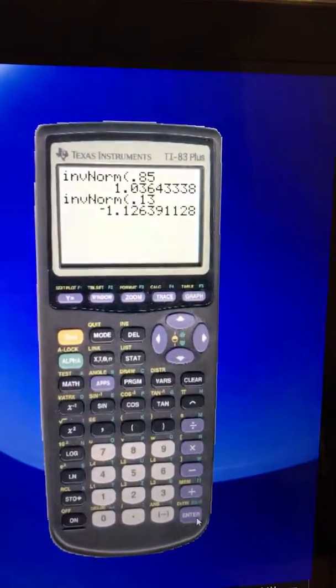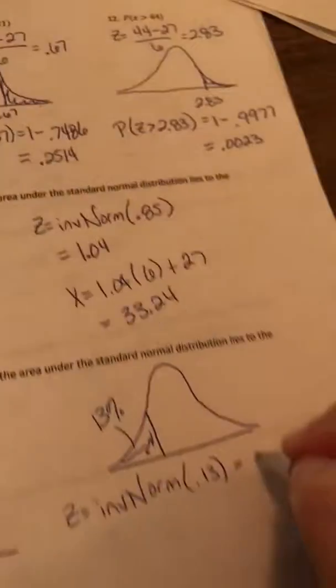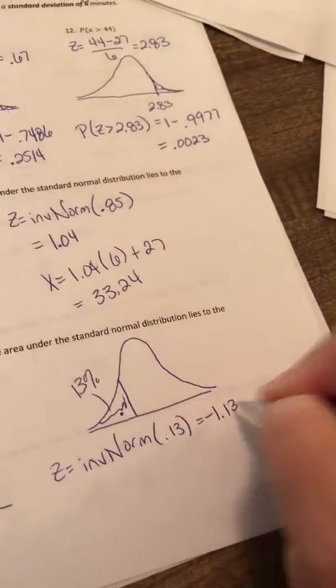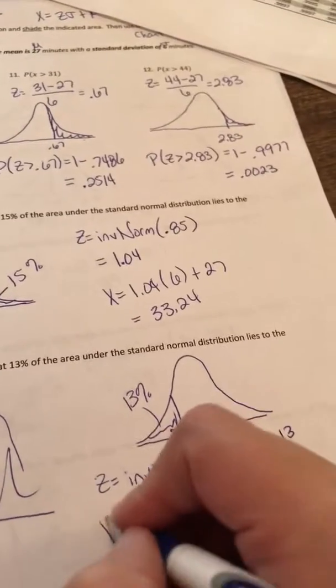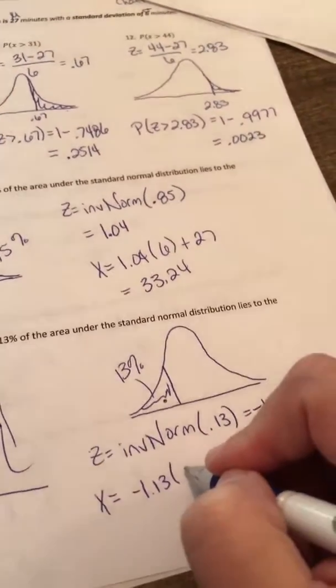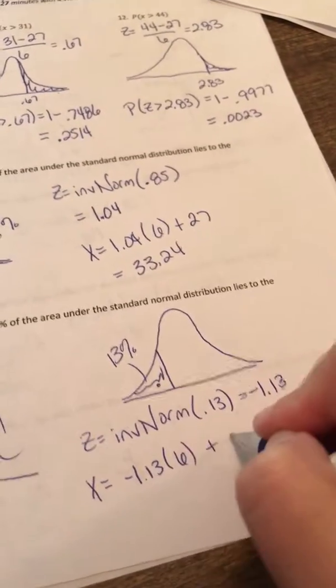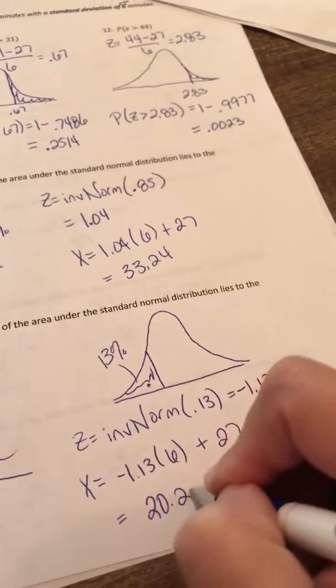That gives us negative 1.13. And then that's our z. We want our raw score, which is x, so we do negative 1.13 times standard deviation, still 6, plus mean is still 27, and that gives us 20.22 minutes.